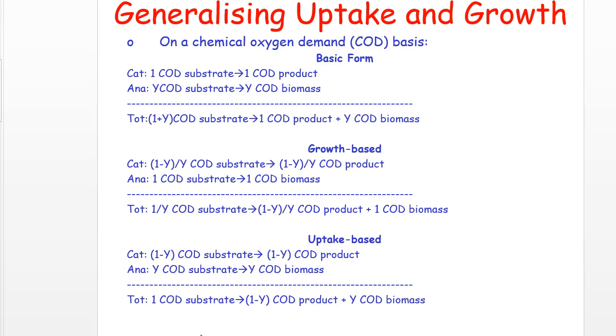And then we have the growth-based, where we use the yield terms for the catabolism, while for the anabolism the yield is one substrate goes to one biomass. Uptake based, as we can see, is a little bit more complicated due to the way the yields end up being in both catabolism and anabolism.